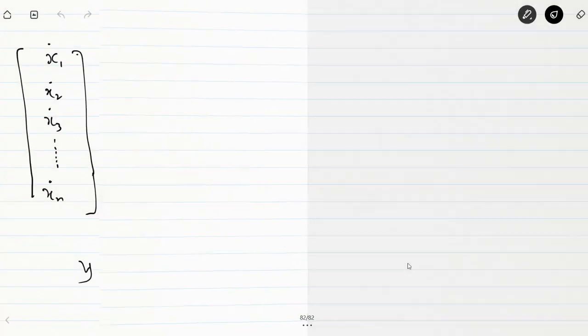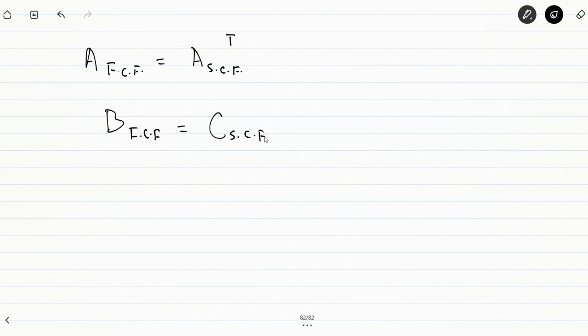If we compare the A matrices, B matrices, C matrices of the first companion form with the second companion form, the A matrix of the first companion form is the A matrix of the second companion form, transpose of it. The B matrix of the first companion form is the C matrix of the second companion form, transpose of it.